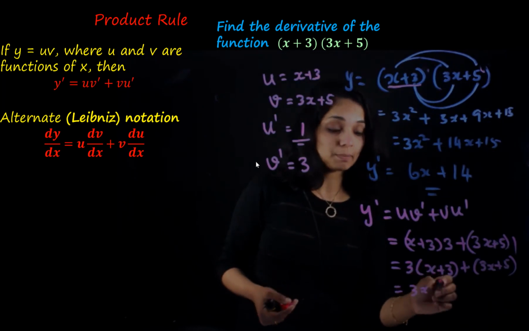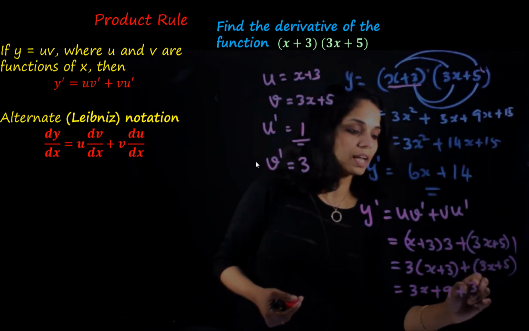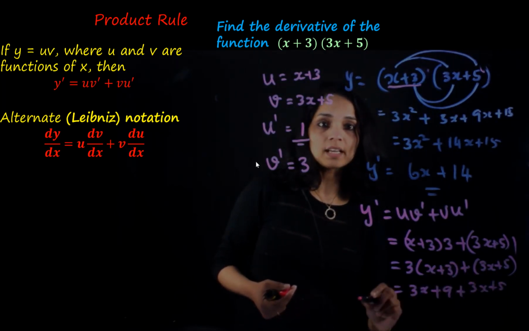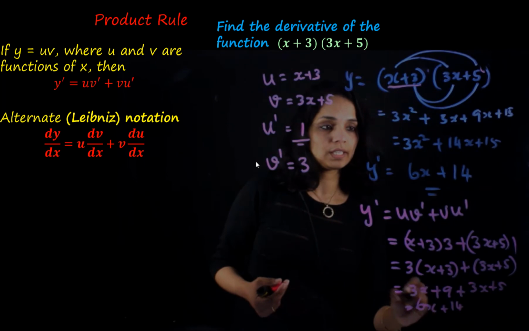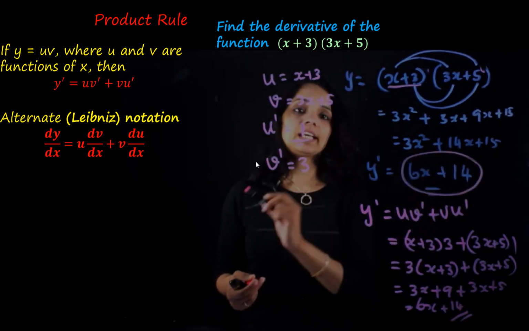You can expand the brackets, so it's 3x plus 9 plus 3x plus 5. So 3x and 3x can be combined together, that becomes 6x, and then 9 and 5 can be combined together, that's 14. So the answer is 6x plus 14. That's the same result as we got here.